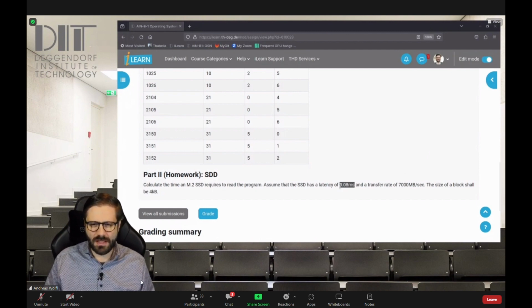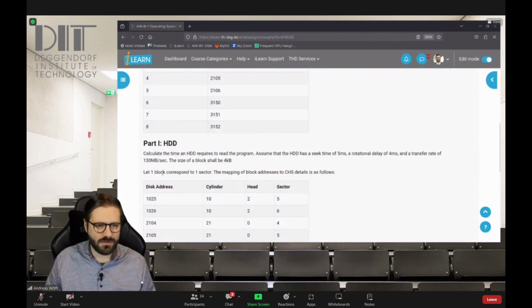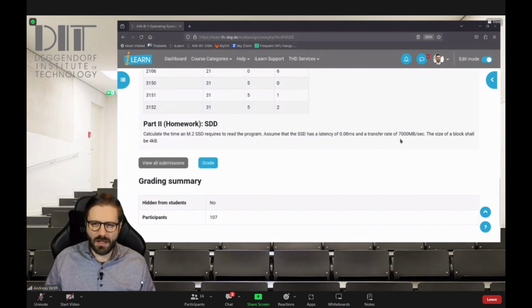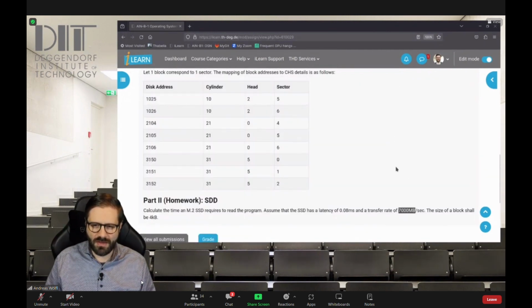So instead of 9 milliseconds, we have a latency of 80 microseconds, and we have a largely improved data rate. So instead of 130 megabytes per second, we have 7,000 megabytes per second.